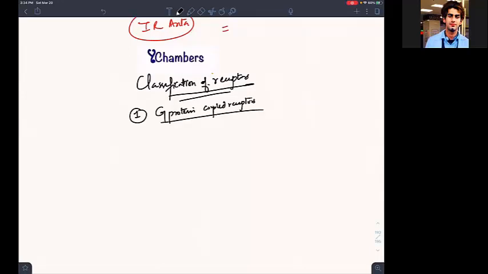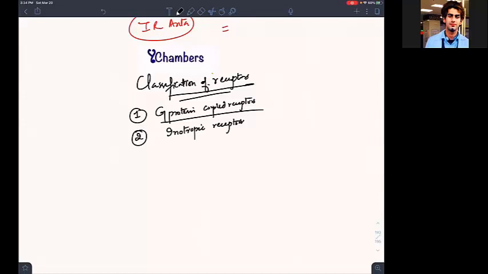Can someone give me an example of G protein coupled receptors? The second one is ionotropic receptors.